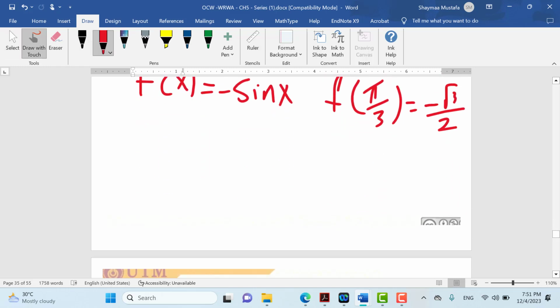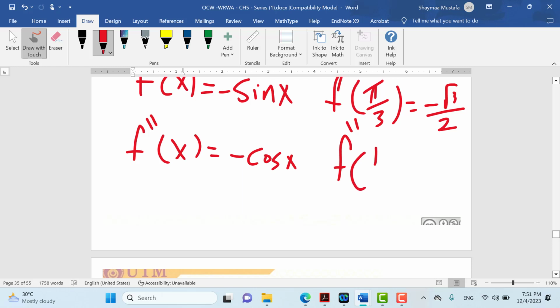Now the second derivative for x is equal to minus cos x. Then the second derivative at pi over 3 is equal to minus 1 over 2.